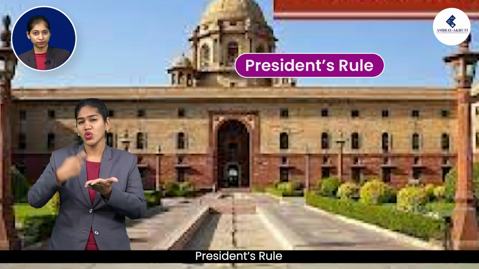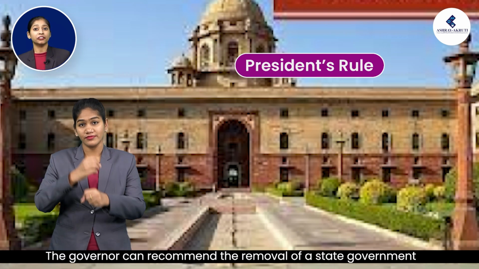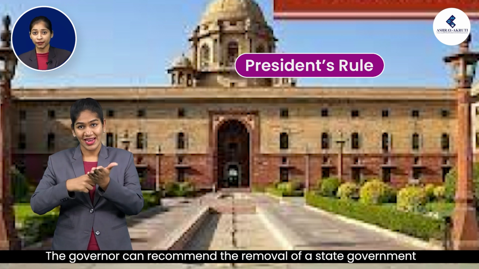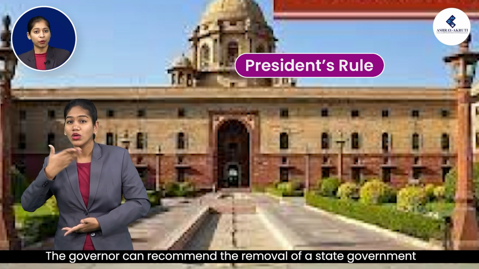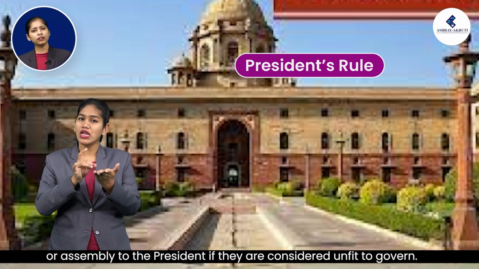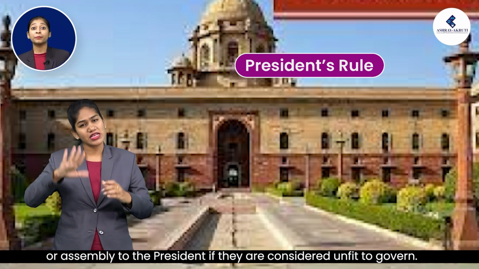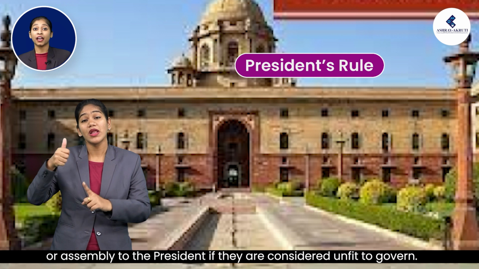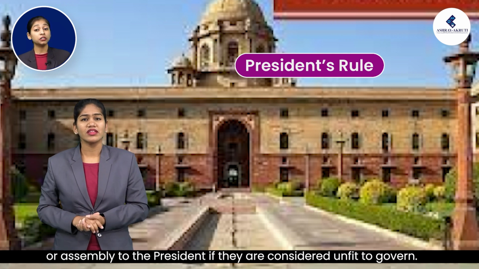President's rule. The governor can recommend the removal of the state government or assembly to the president if they are considered unfit to govern.